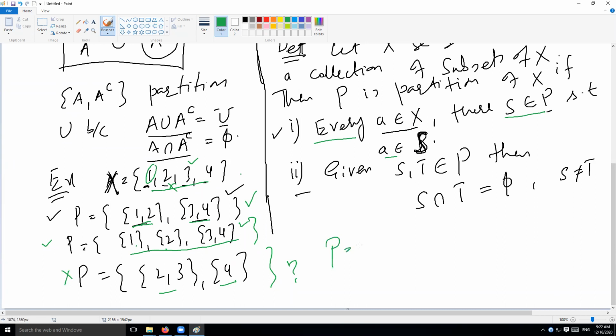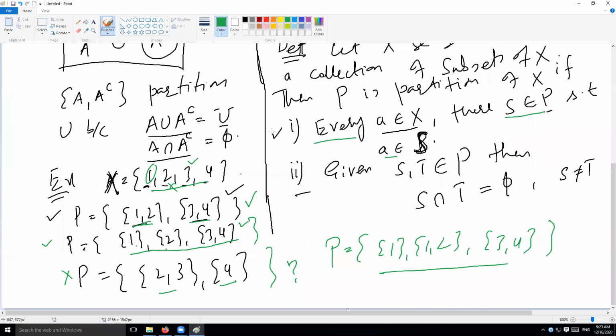I can also write, for example, {1}, {1, 2}, and {3, 4}. Is this a partition? Can I say this is a partition? No, sir. You still can't say that it's a partition. Why? Sir, 1 is in both sets. Yes.